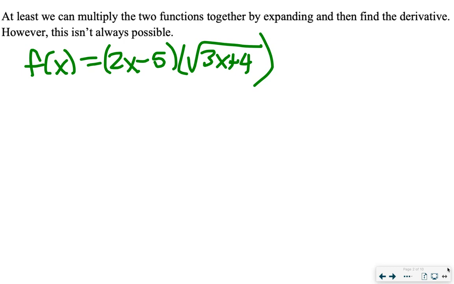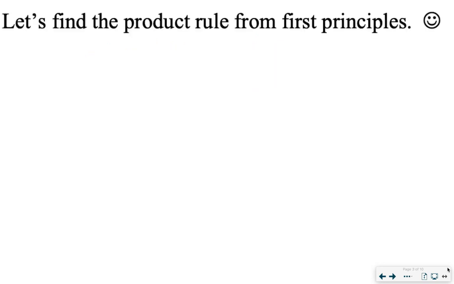So what do we have to do? Let's take a look and find what's called the product rule from first principles.